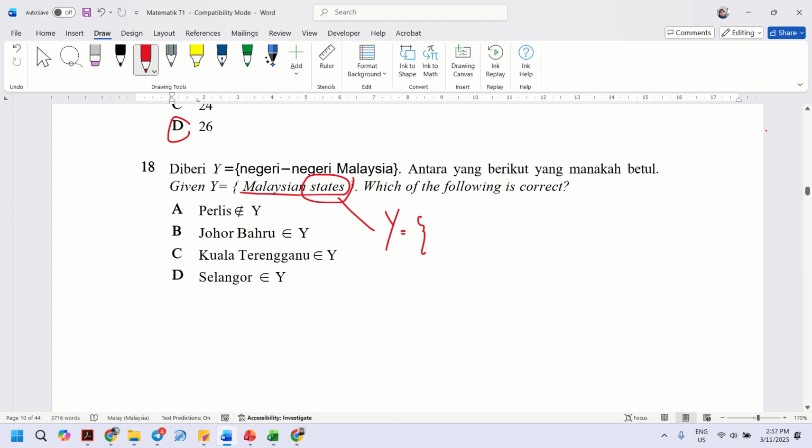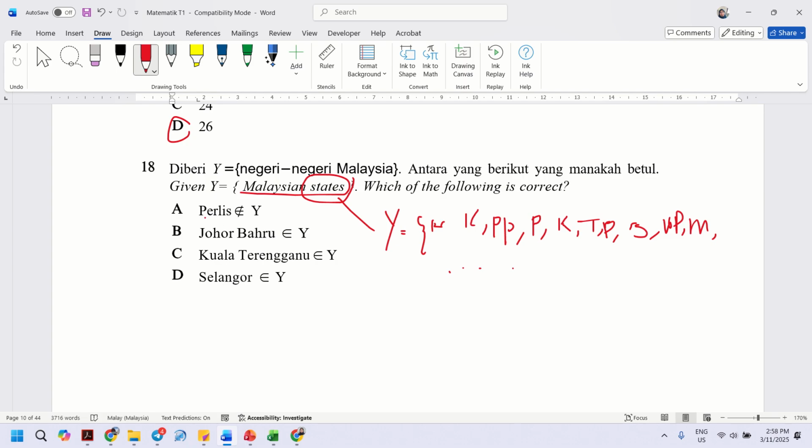Then the northern states, Perak, and the east side: Kelantan, Terengganu, Pahang, then Selangor, KL is Wilayah Persekutuan, Melaka, and so on. You have 14 states in Malaysia.